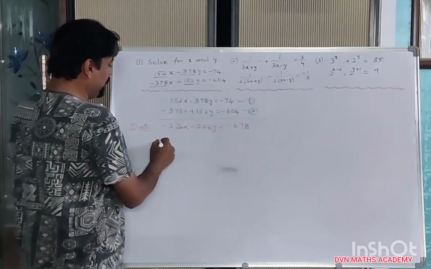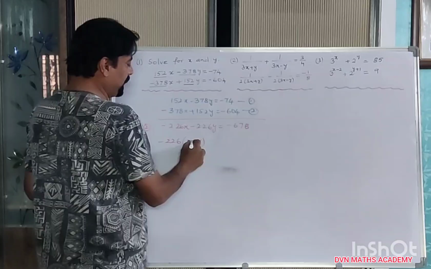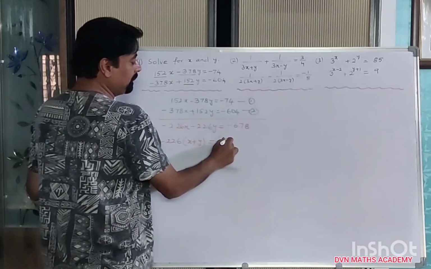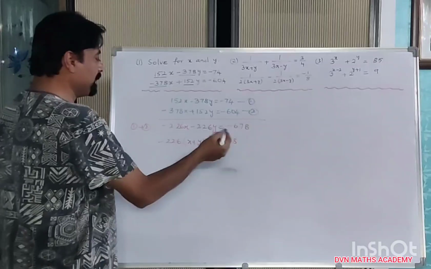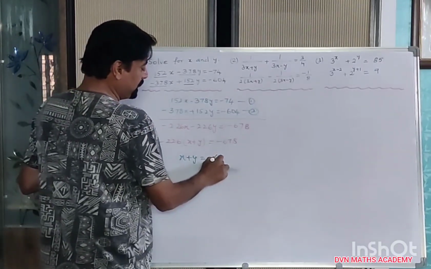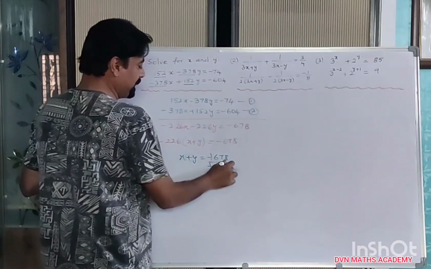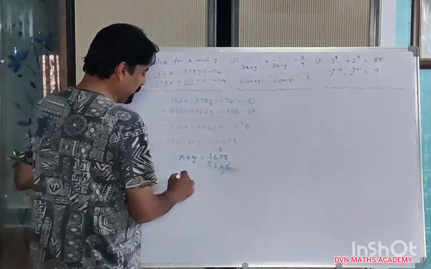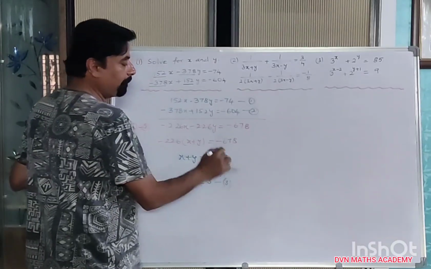If I take minus 226 common, x plus y is equal to minus 678. Now if I send minus 226 to that side, x plus y is equal to minus 678 by minus 226. Minus minus cancels, and ones are threes. So I got x plus y is equal to 3. This is equation number 3.